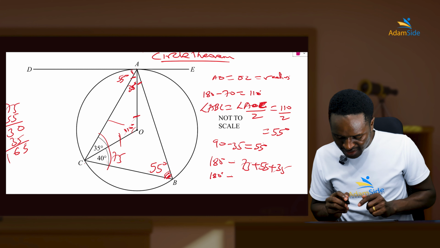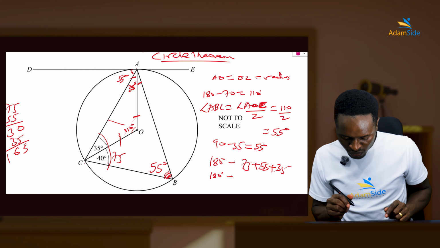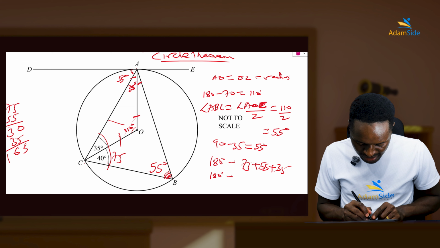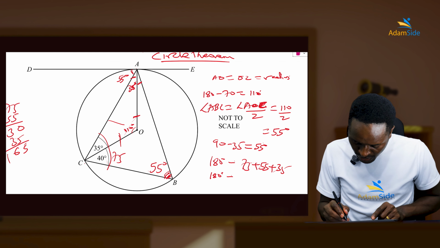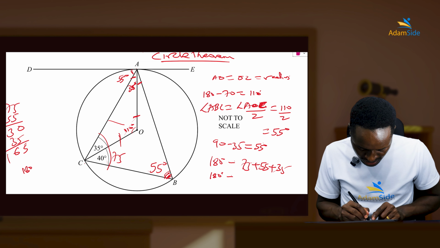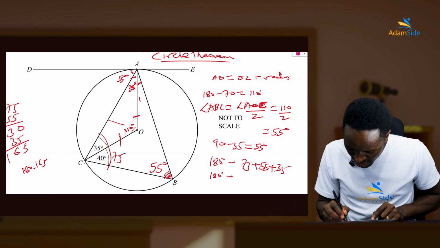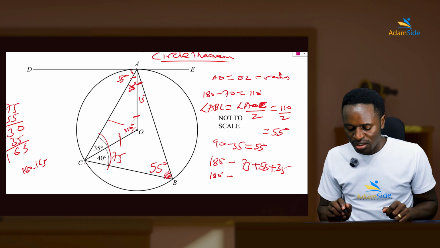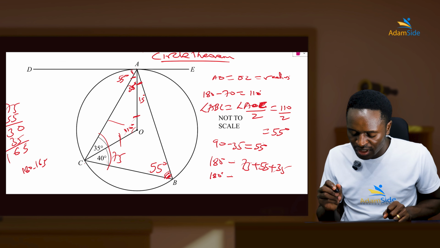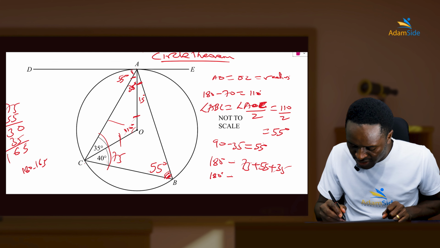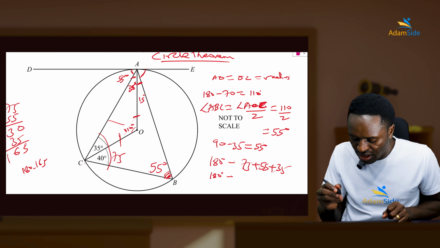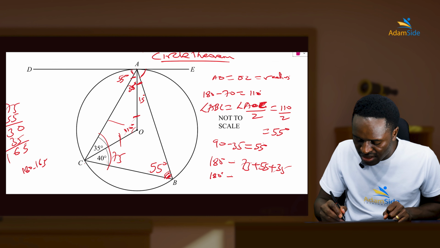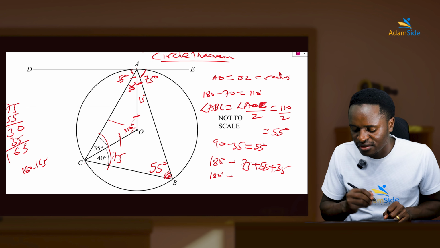So when you get 165, what is the angle here? The angle here will be 180 minus 165, which is 15. Correct. So if this is 15, remember this angle here will be 90 minus 15, which is 75 degrees.